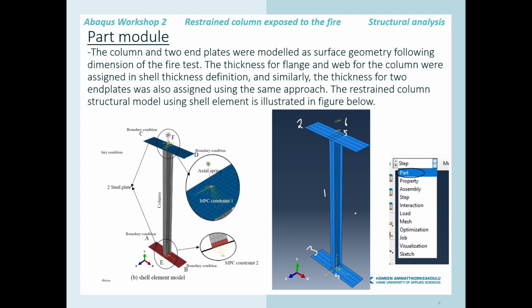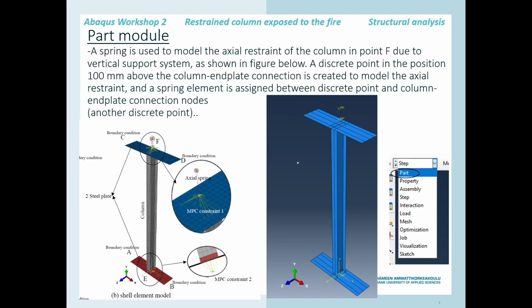Altogether we will make 6 parts in the part model, and here a spring is used to model the axial restraint of the column at point F. So this is the point F here, and a spring between this point and the other is used to model the axial restraint of the column due to the vertical support system as shown in the figure below.